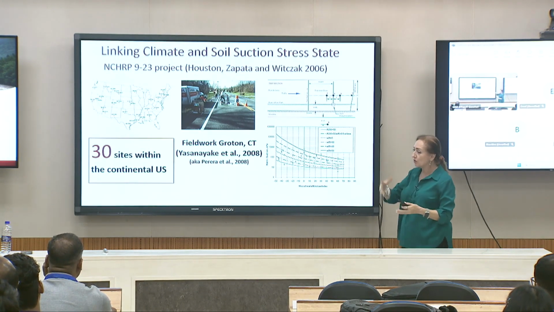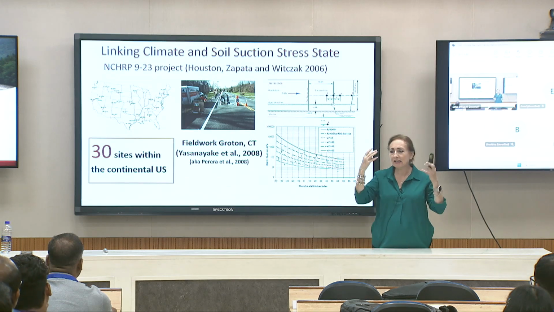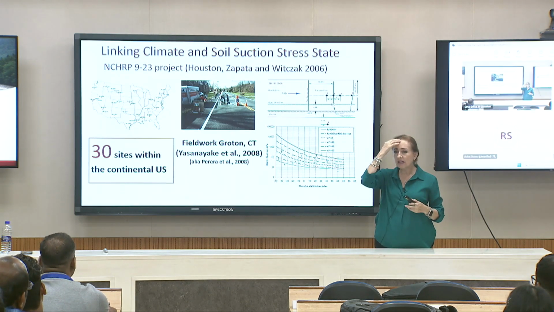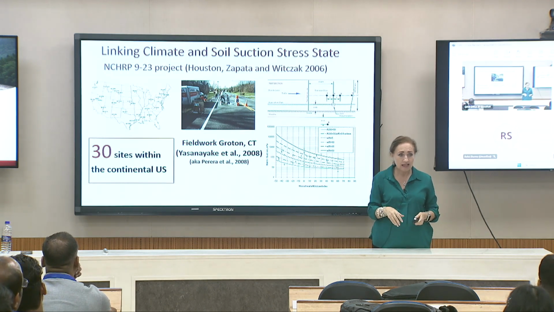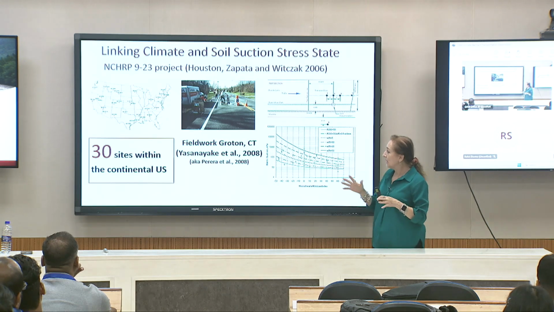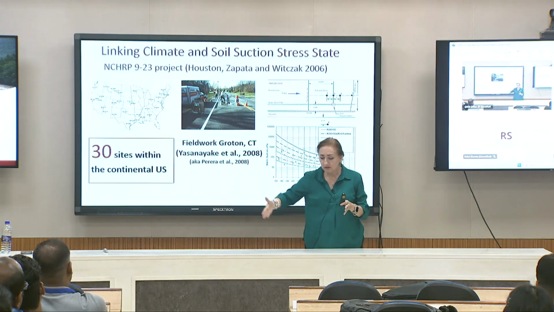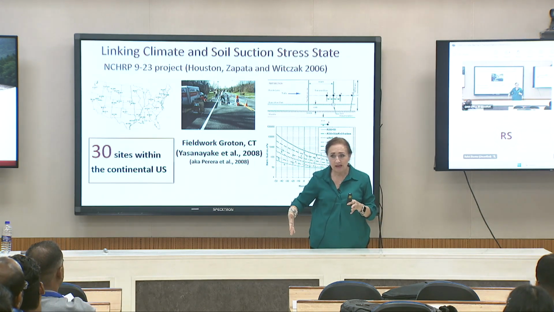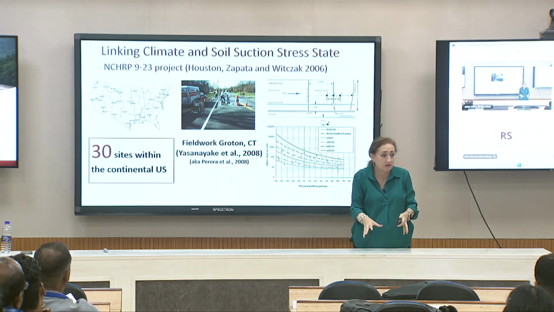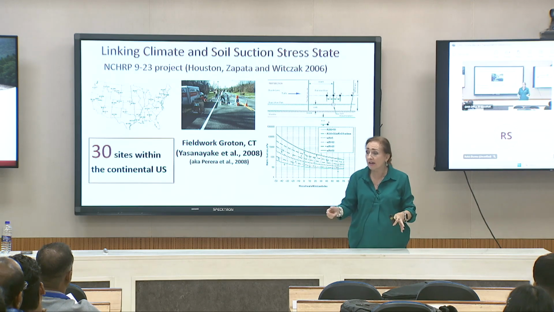And we measured what properties they have. We got Atterberg limits, water contents, the density of the soil, grain size distributions, and we measured the suction. We did it close to cracks of the pavement and away from the cracks because we wanted the one at equilibrium, with no water in there, right?